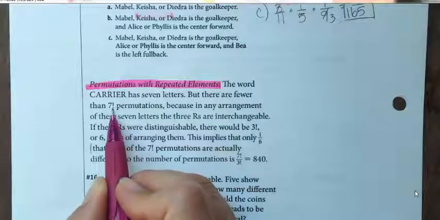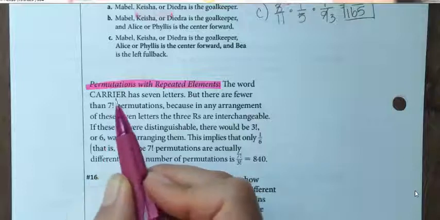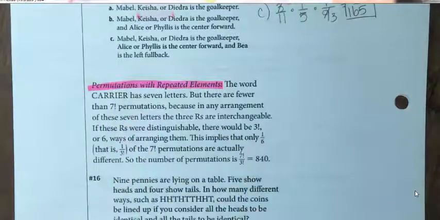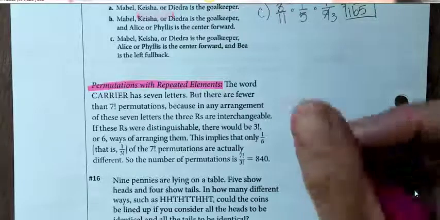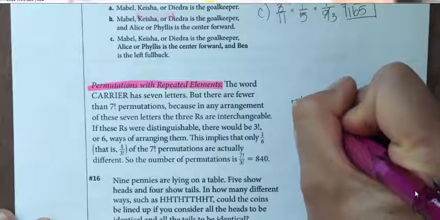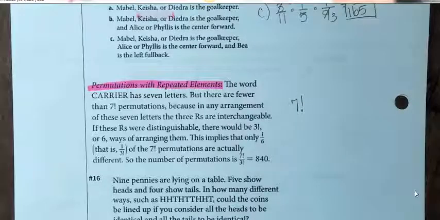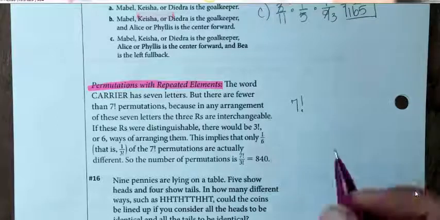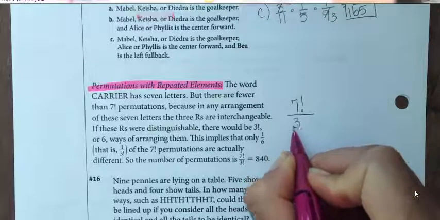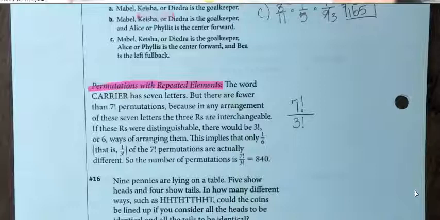But in fact, you don't end up with 7 factorial permutations, because 3 of these R's are indistinguishable from each other. So in order to find the number of permutations, I basically take what I would normally find, but then I say to myself, well, I've got 3 repeated elements here. So I divide out the 3 factorial.